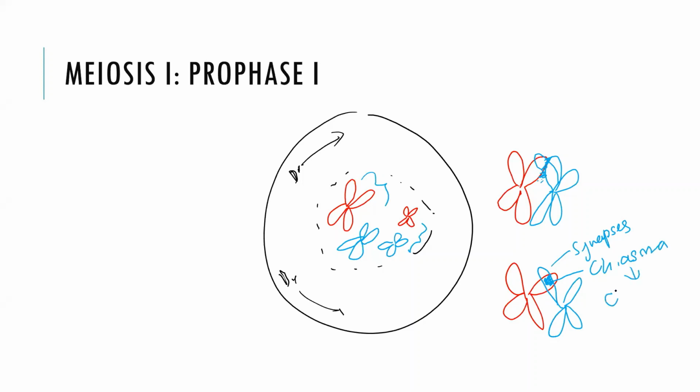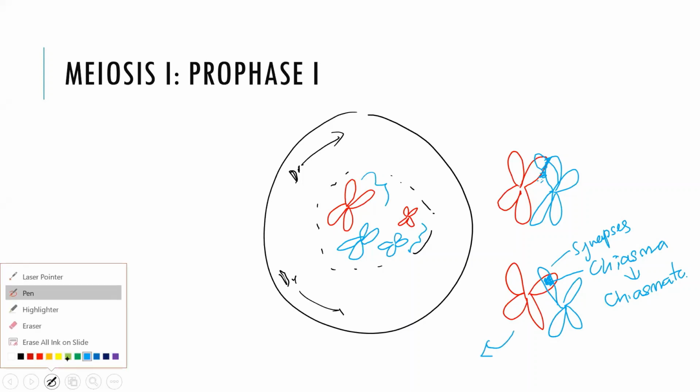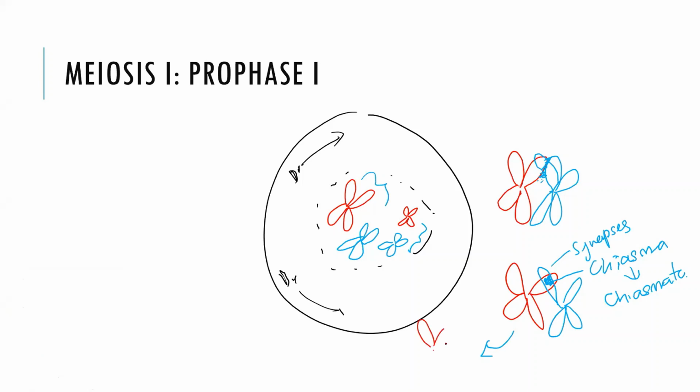The plural word is chiasmata. So finally, you have a separation of these cells with exchange of genetic material. So this maternal chromosome received a part of the paternal chromosome, and the paternal chromosome received a part from the maternal chromosome, like this. So this is called crossing over or recombination.